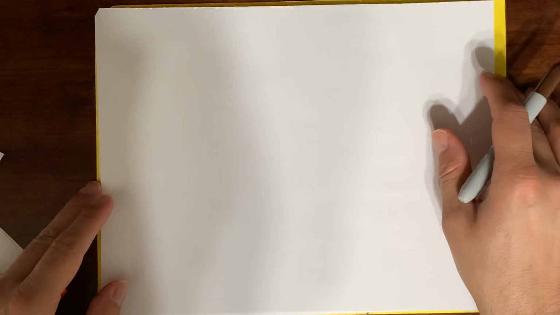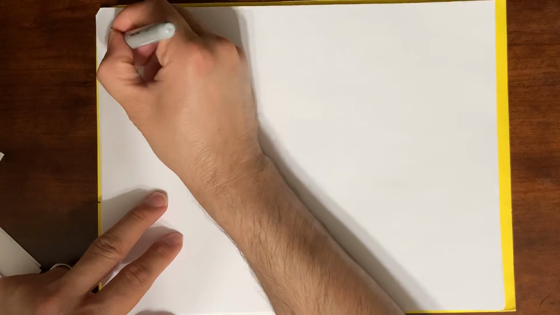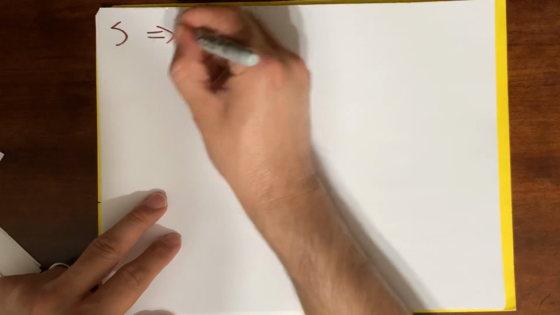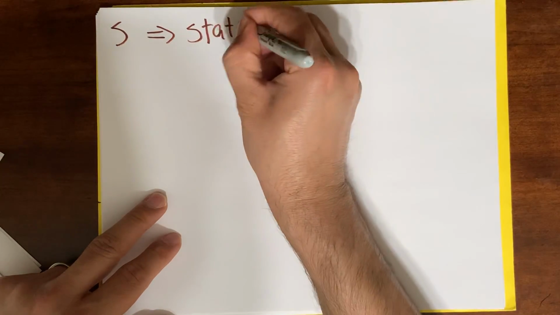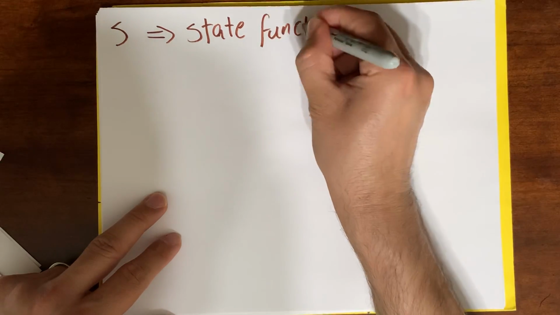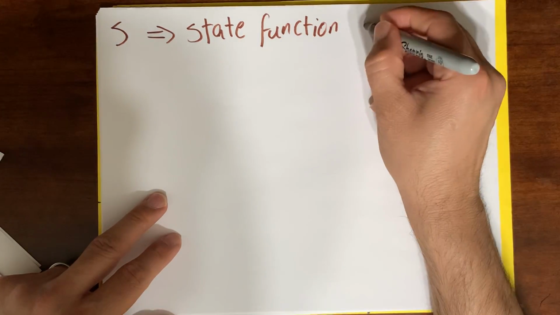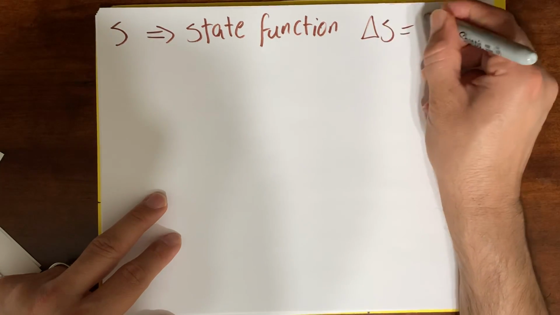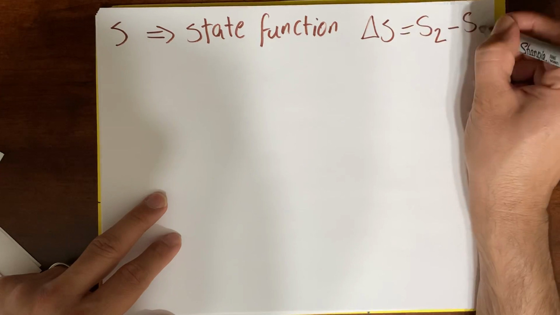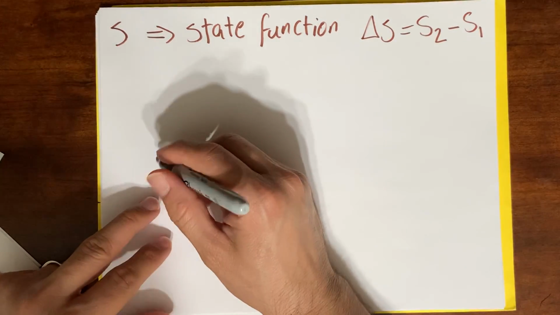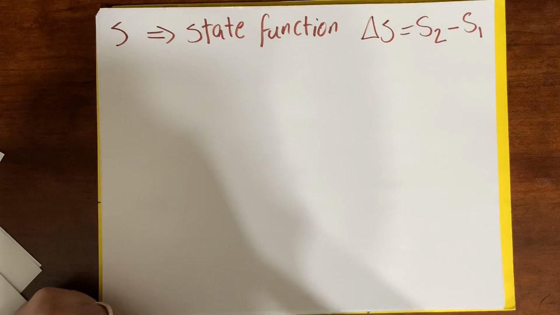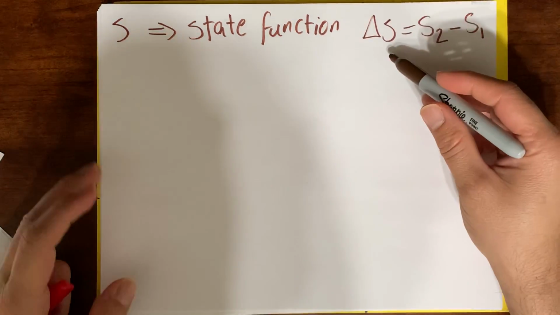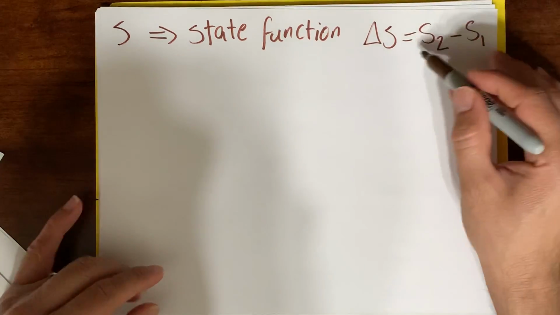So at the beginning, I said S, or entropy, is a state function. If that's true, then we should say the change in entropy is equal to entropy of the final point minus entropy of the initial point. So I should be able to calculate the change in entropy under standard condition by using this fact.